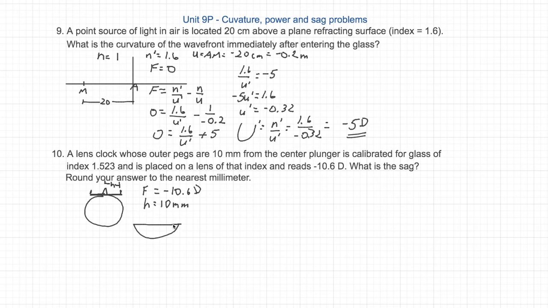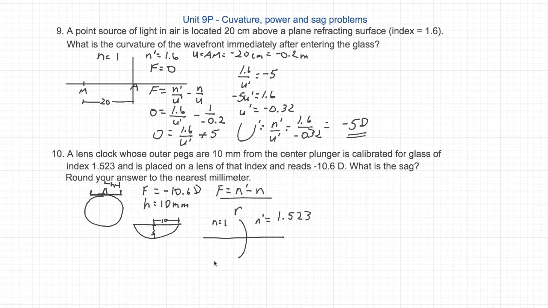So just to be clear, here's the lens. Here's our chord. Here's our semi-diameter h, and the sag is the distance from the chord to the back of the lens. So the power equals n prime minus n over r. Let's turn the lens on its side, having light travel from left to right. We have n equals 1, n prime equals 1.523.